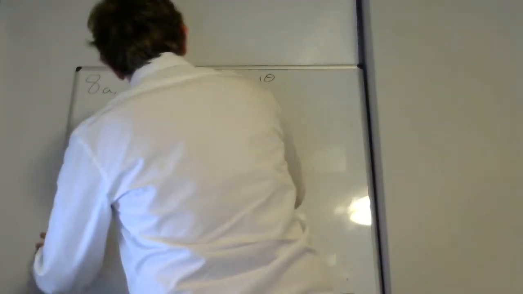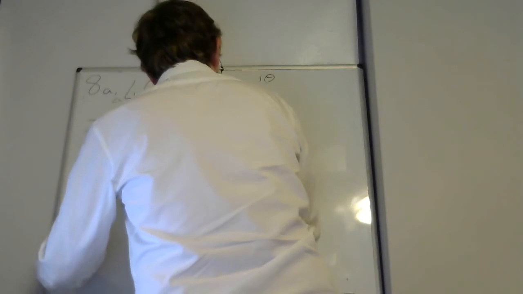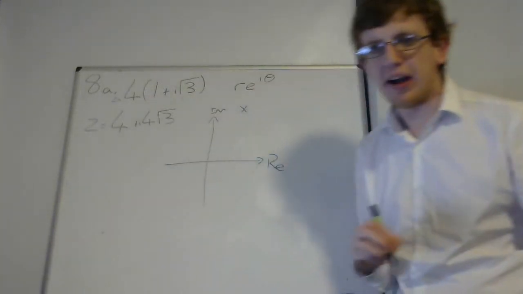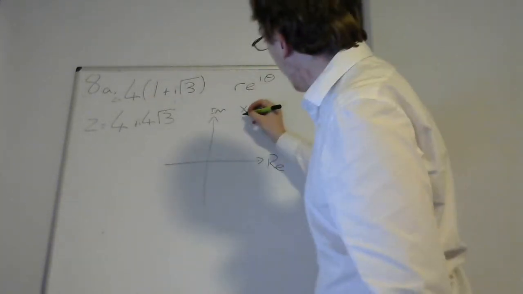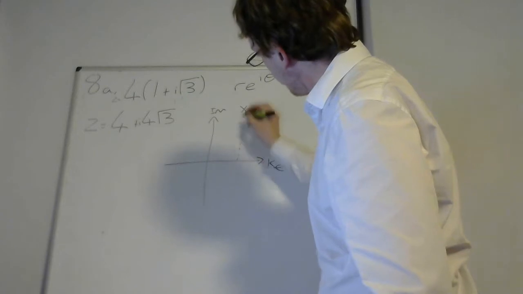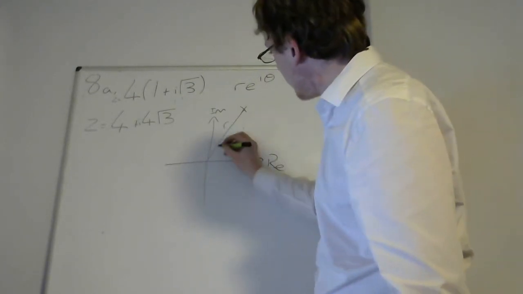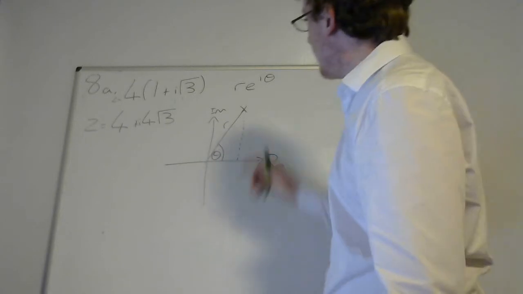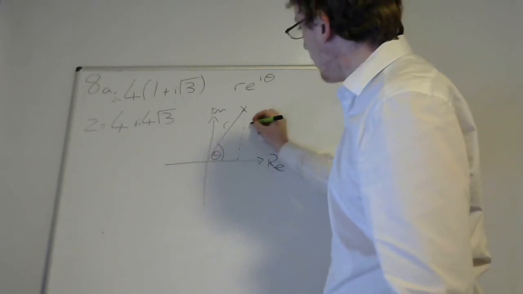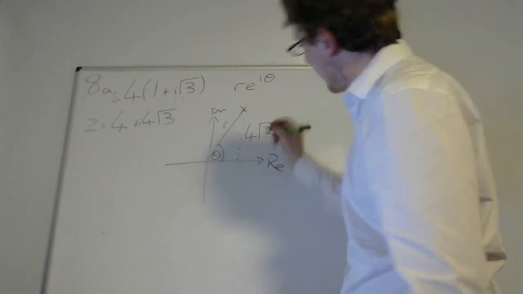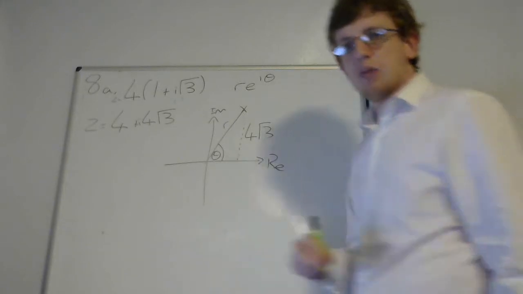If we were to draw that on our Argand diagram, it would be up here somewhere in the first quadrant. This length here would be R, and this angle here would be theta. This length is the imaginary part, which is 4 root 3, and this length is the real part, which is just 4.